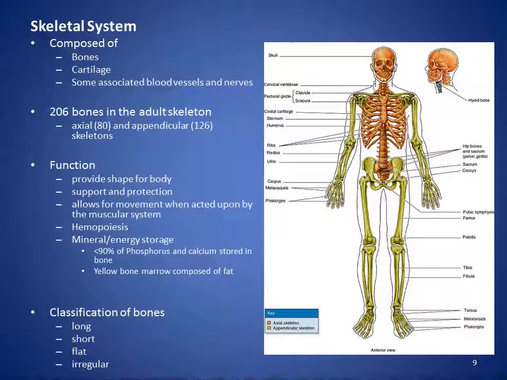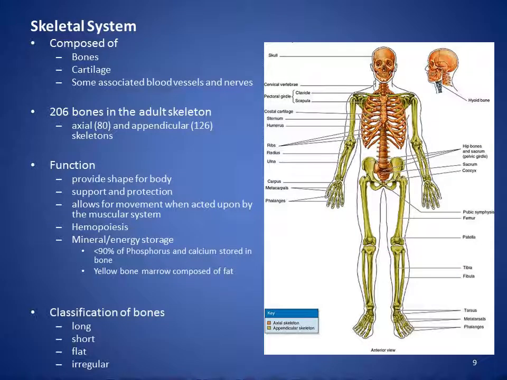When we look at the skeletal system, we have a system composed of bones, cartilage, and some associated blood vessels and nerves. There are 206 bones in the adult skeleton that can be divided into 80 axial bones and 126 appendicular bones.